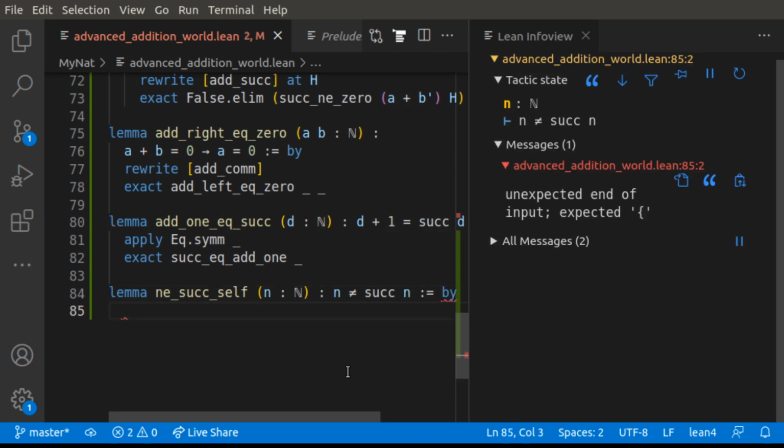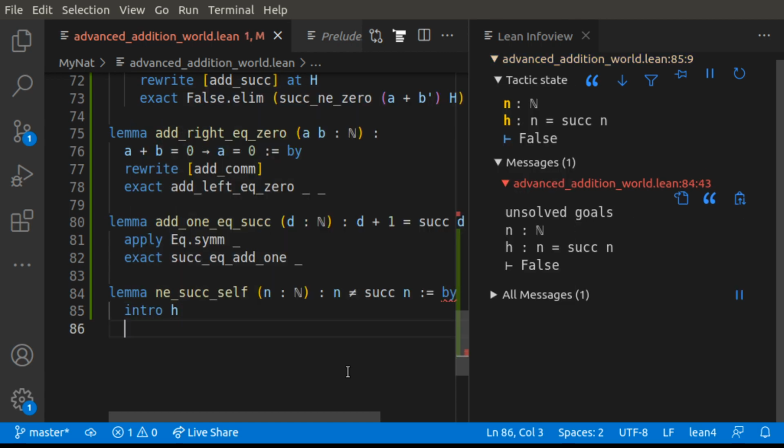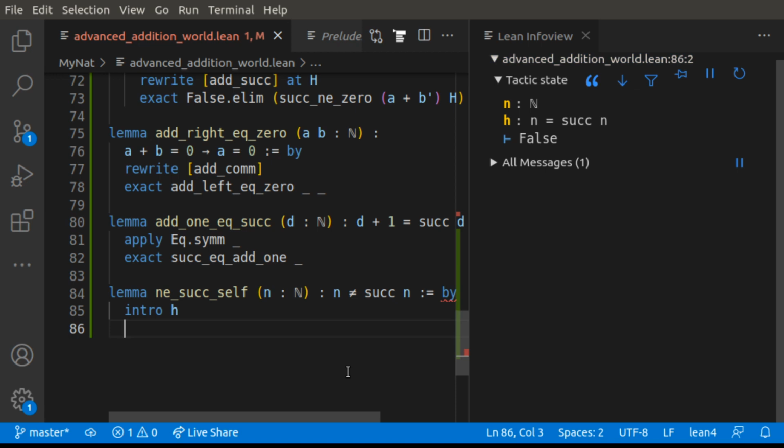That sounds useful and interesting. How do we do this? Intro h. N equals successor of n. Well, that just seems absolutely absurd. How can we prove something false from that?